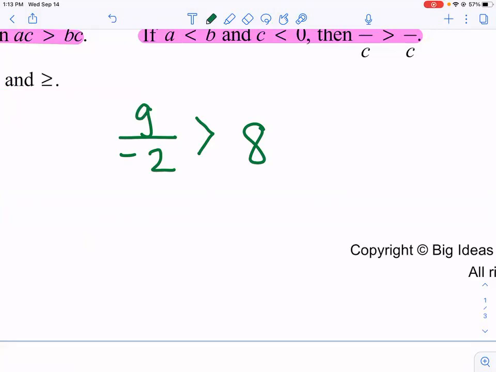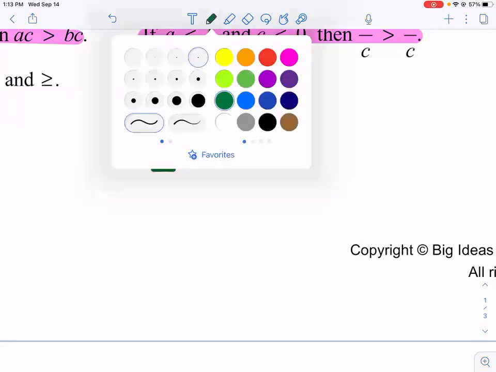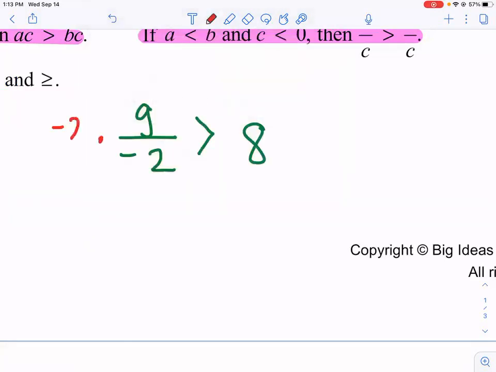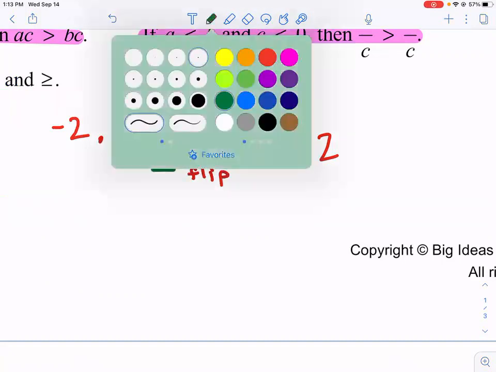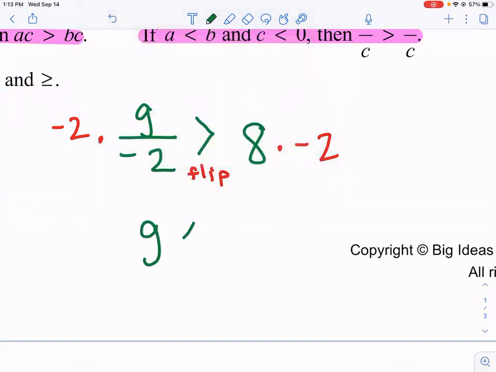Gavin, how do I get G all by itself? We're going to multiply by negative 2. And since we're multiplying by negative 2, we need to flip this sign. So we are going to get G is less than negative 16.